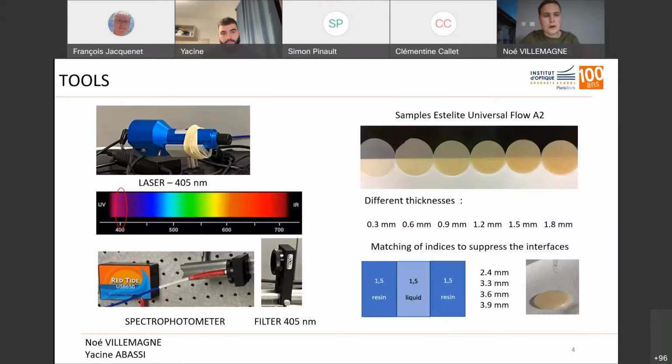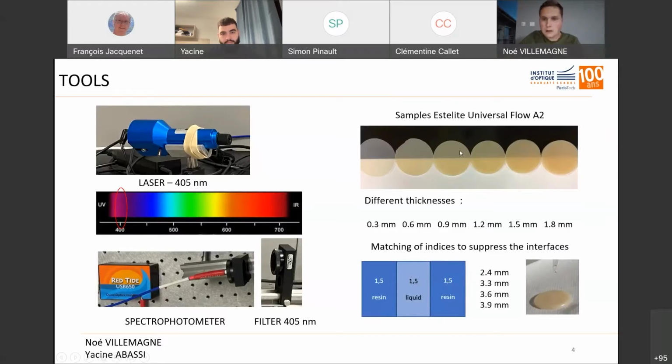So for our laboratory experiment, we use a laser at a wavelength of 405 nanometers in the UV domain. We also use a filter to suppress this wavelength after the sample in order to record only the fluorescent spectrum in the spectrophotometer.